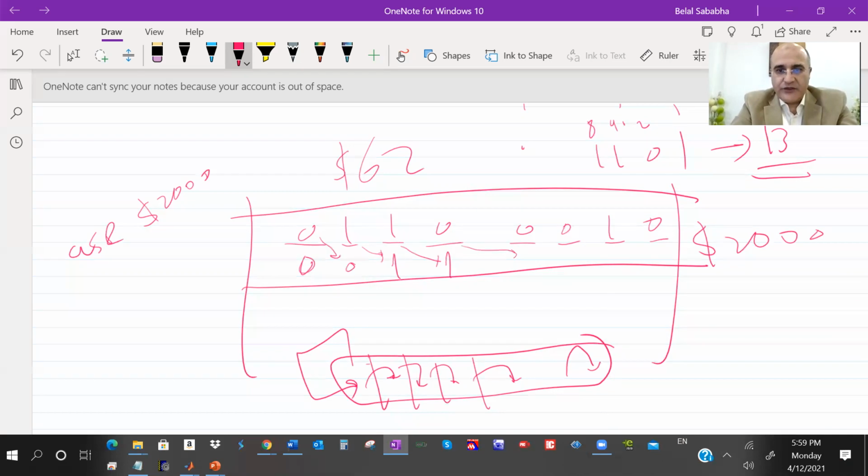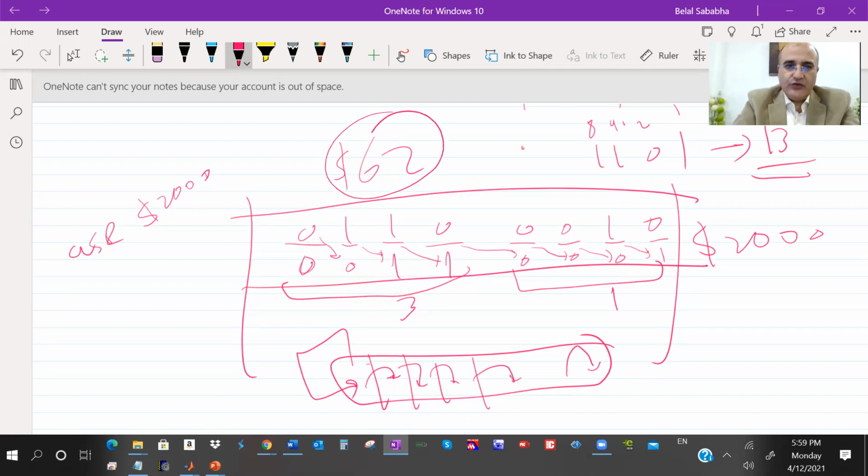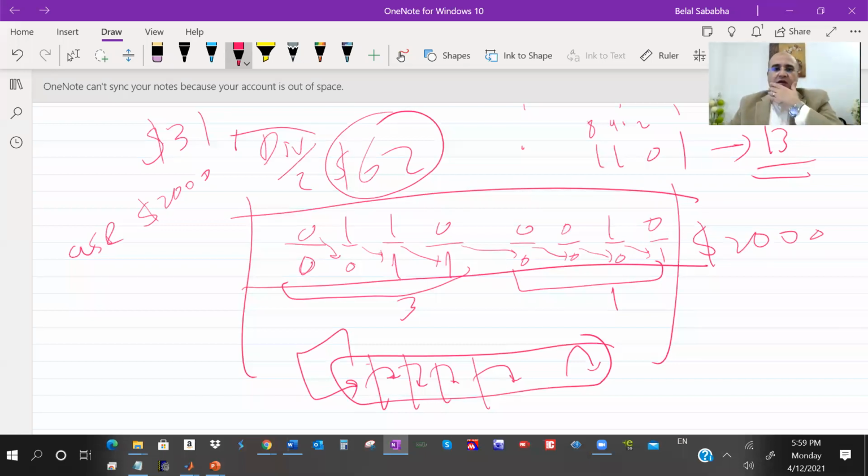The 0 goes here. 0, 0, 1. The result is what? 31. So we had the 62. The result is 31. And we divided by 2, right? And we kept the sign.